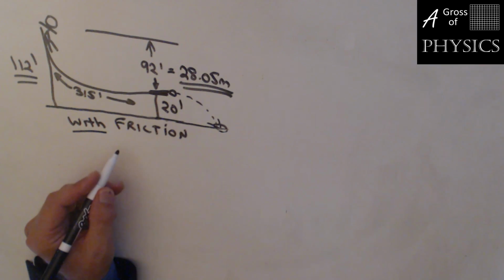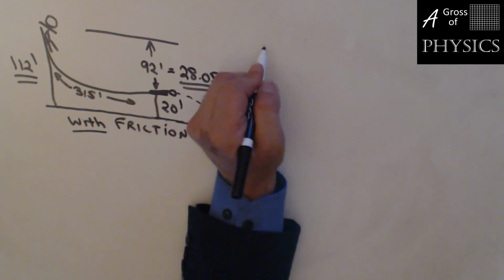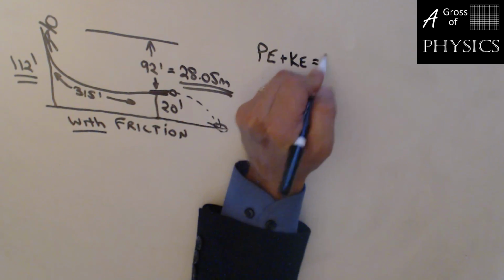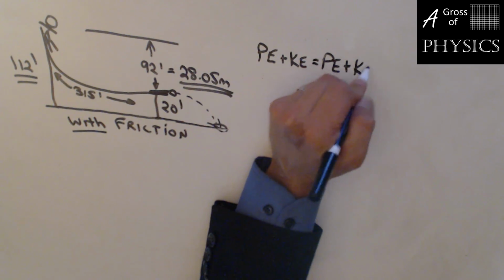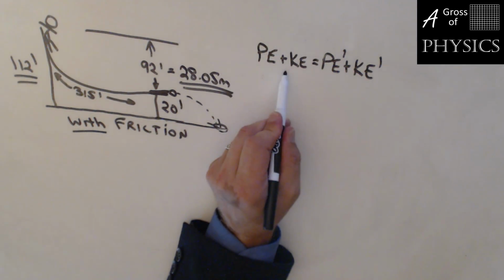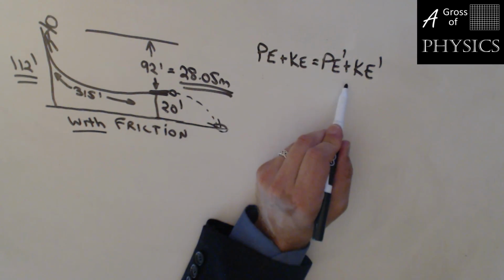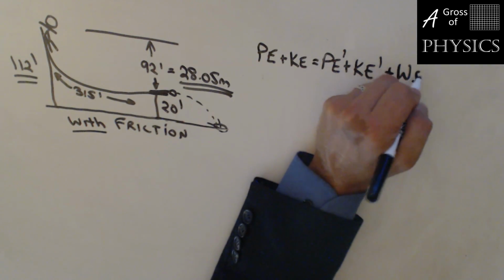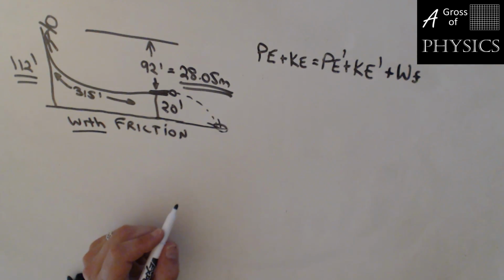And friction is going to steal energy. So when we have our equation, which is PE plus KE equals PE plus KE prime, what will happen is the left side, the initial, will be greater than the final. So what we have to do is then add the work done by friction to the mix.